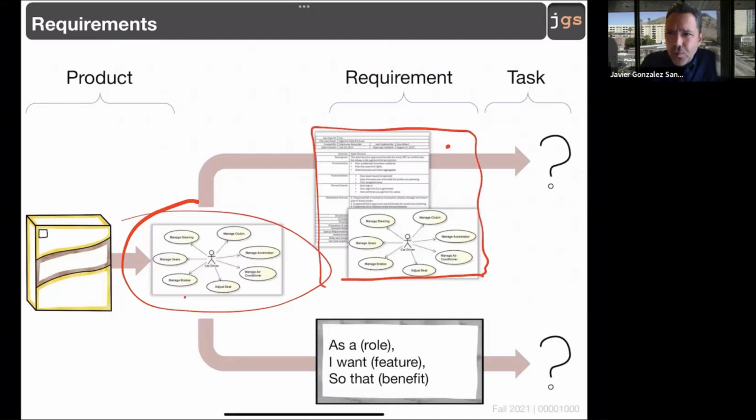I am going to work in Agile. Don't worry. The diagram is not something that you're going to put in your product backlog. Forget about it. But each of these circles, each of those things, are going to become an item in your product backlog.